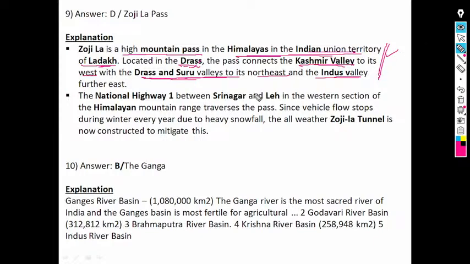The national highway between Srinagar and Leh, in the western section of the Himalaya mountain range, traverses the pass. Since vehicle flow stops during the winter every year due to heavy snowfall, the all-weather Jojila tunnel is now constructed to mitigate this. National Highway NH1 connects Srinagar to Leh.